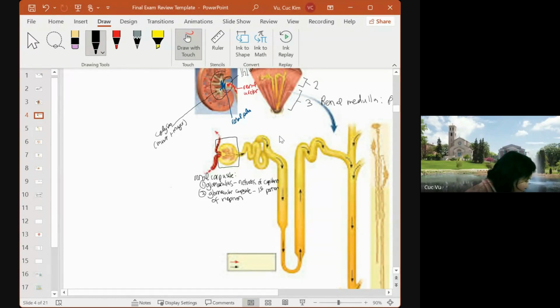I'm going to have to use the mouse, so bear with me in my redrawing.